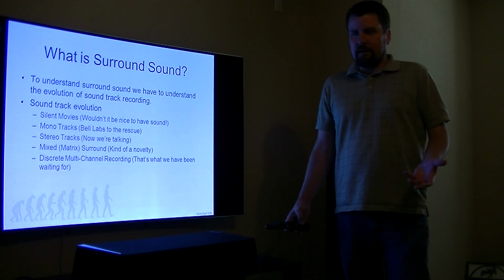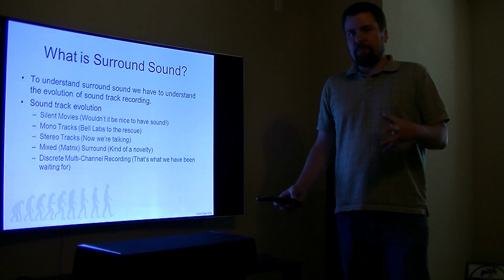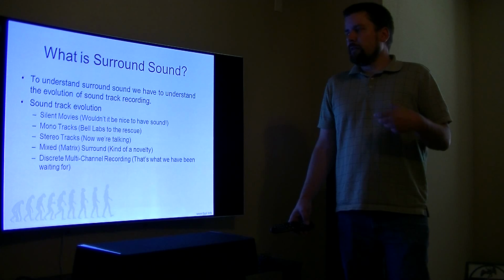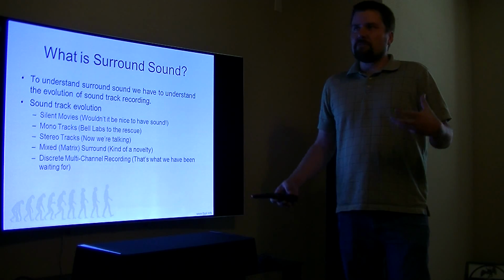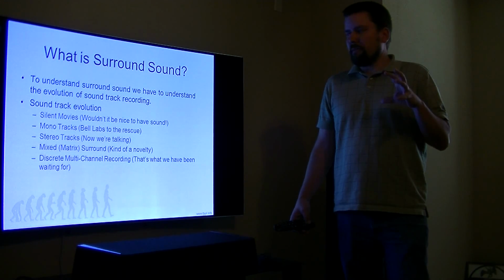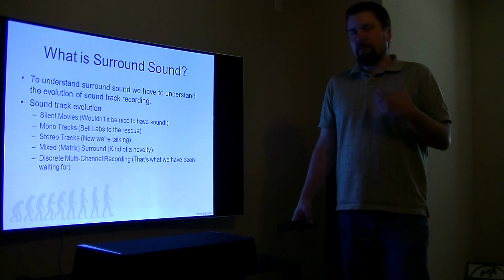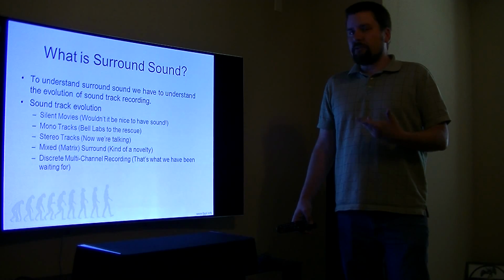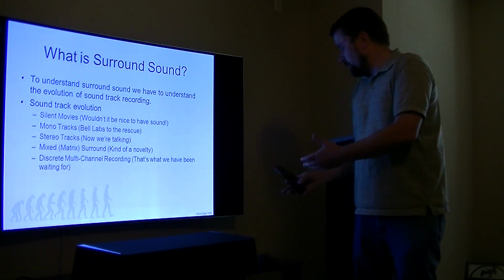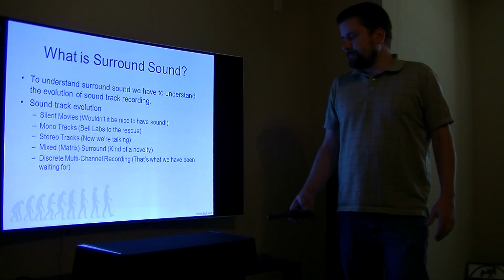At first we had silent movies, and then they went to mono, mono movies being one speaker, and then stereo tracks, a left and right channel, and then additional mixes came in, called matrix mixing. It was kind of a novelty. It wasn't quite discrete channels, but now what we have is discrete multi-channel recording. So now you have a center channel, right and left channels, and then rear channels as well, which we'll cover in a little bit.